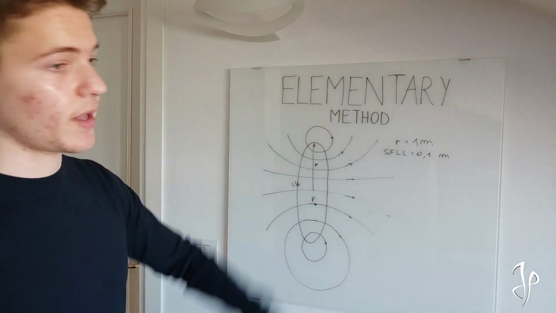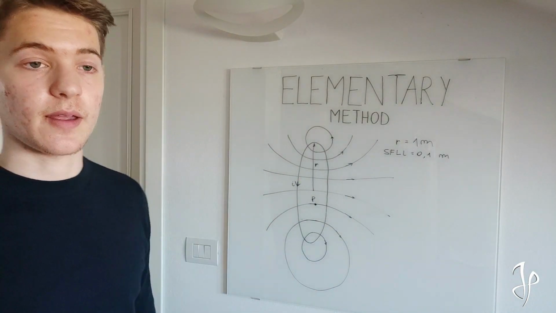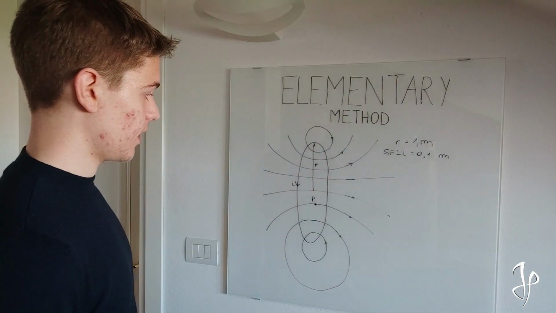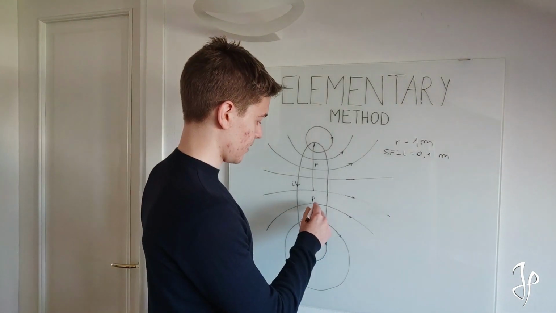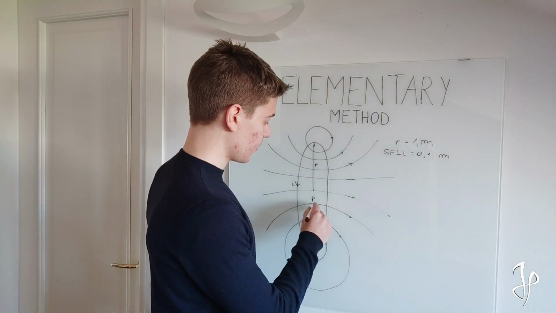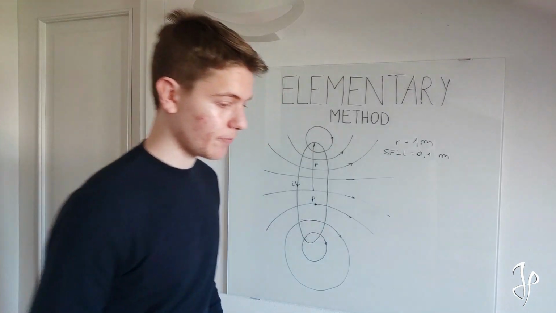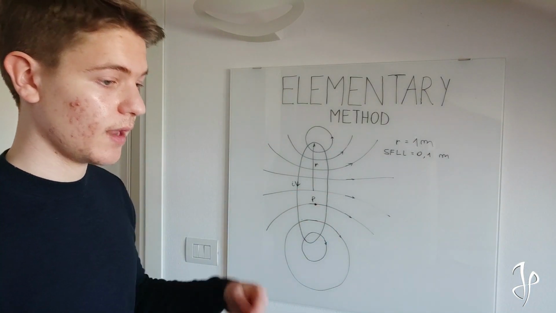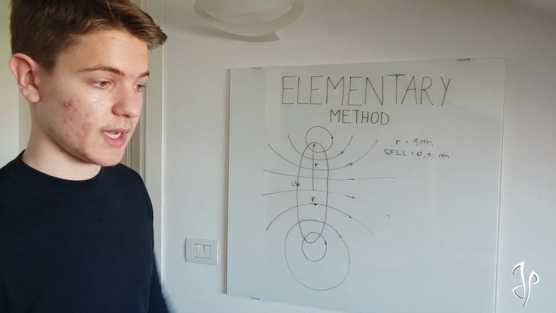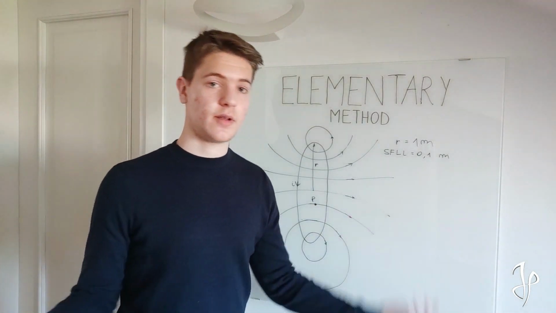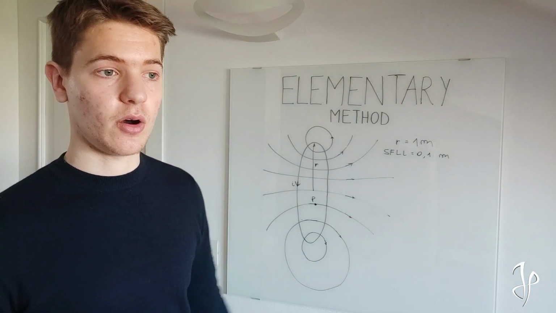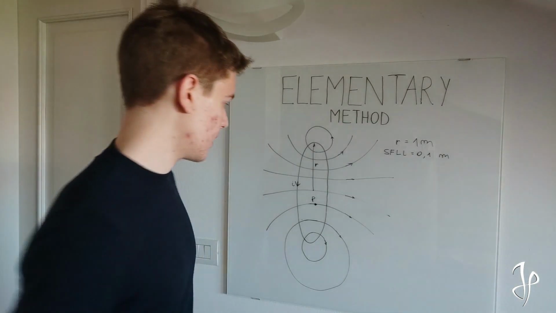And then the elementary method is basically an iterative method that is all about evaluating the total magnetic field vector in this precise point, given a finite set of sources.